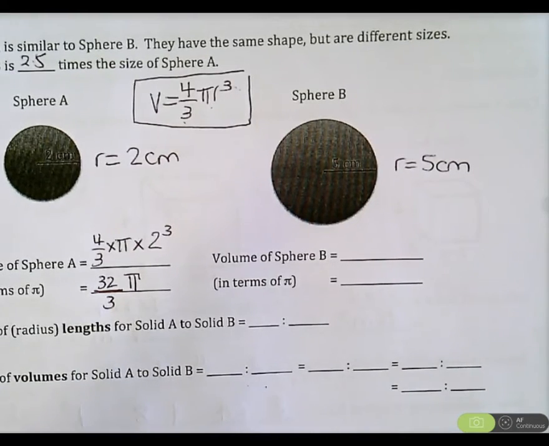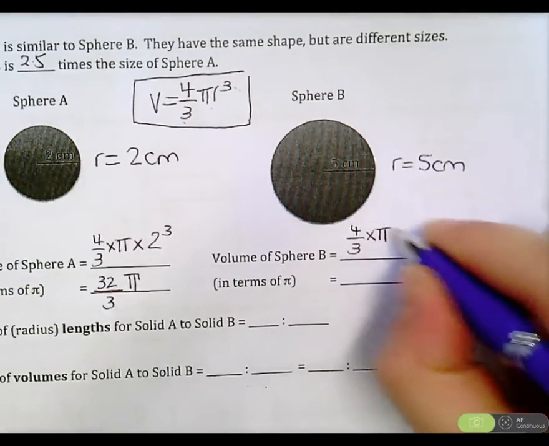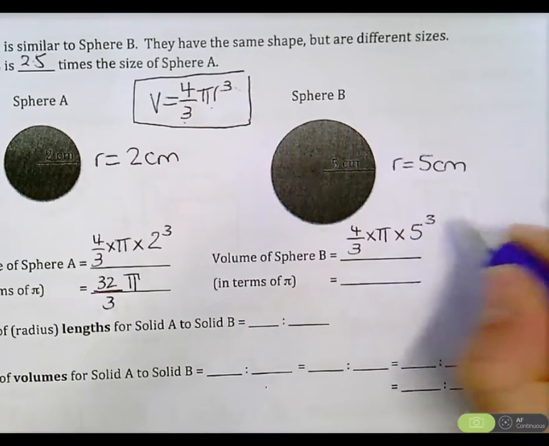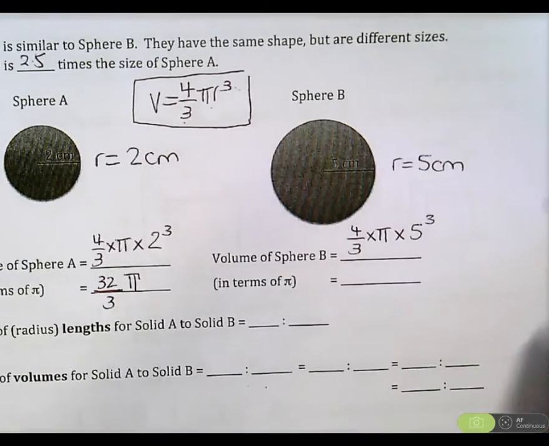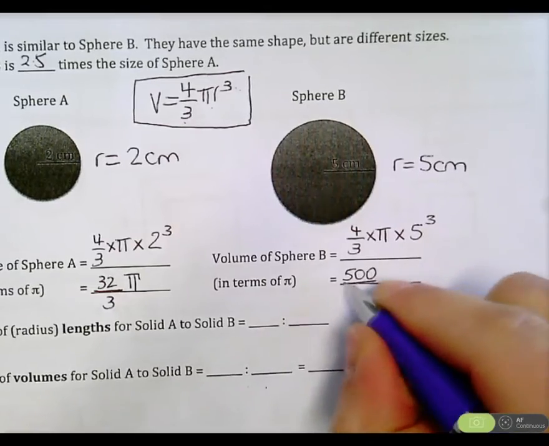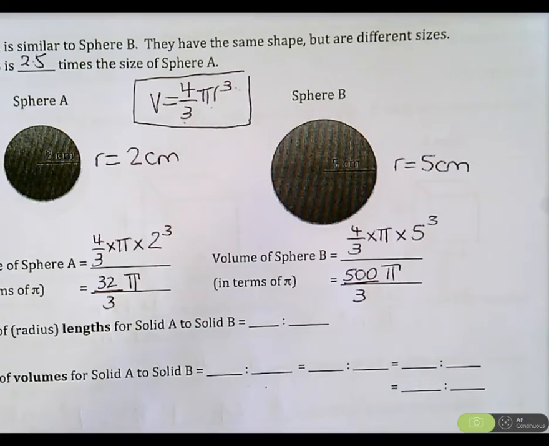The volume of sphere B, 4 over 3 times pi times 5 cubed. 5 cubed is 125. 125 times 4, 125 times 2 is 250, 500 over 3 pi. Because it's going to be easier to do simplifying the ratios later.